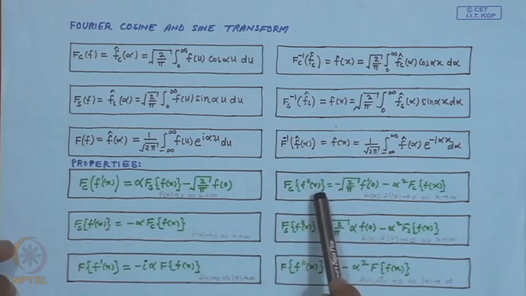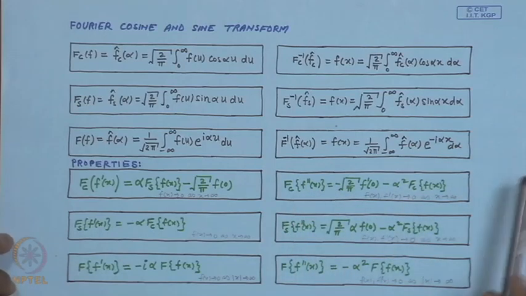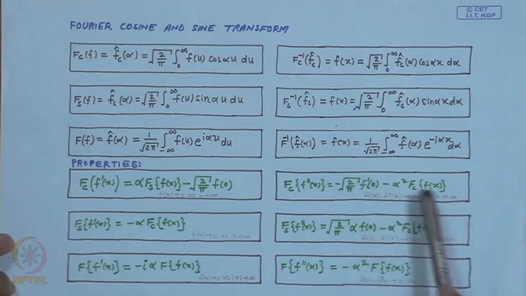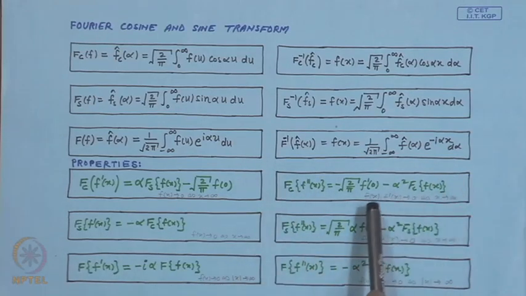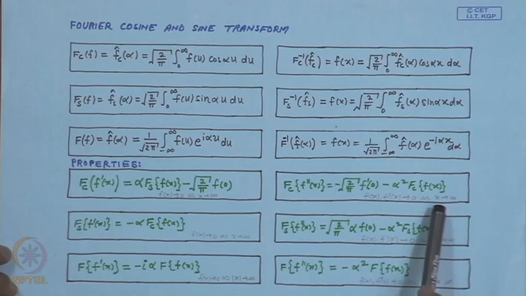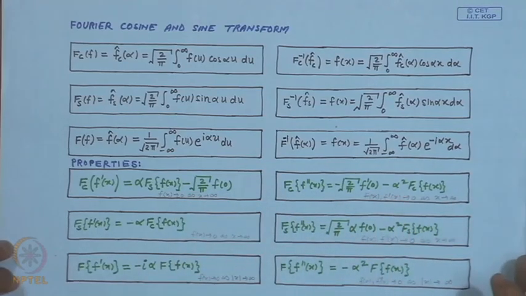For the second derivative, the Fourier cosine transform of the second derivative of f is minus square root of 2 over pi f prime(0) minus alpha squared times the Fourier cosine transform of f(x). In this case we have this result under the conditions that f(x) and f prime(x), the first derivative and the function itself, approach 0 as x approaches infinity. So, these are the conditions other than the existence conditions.